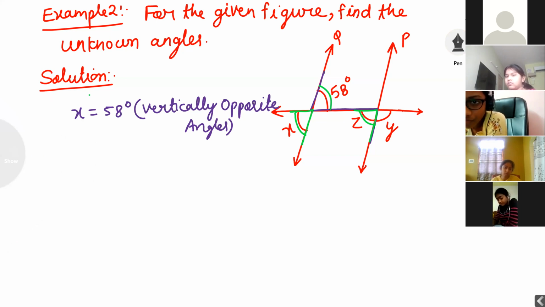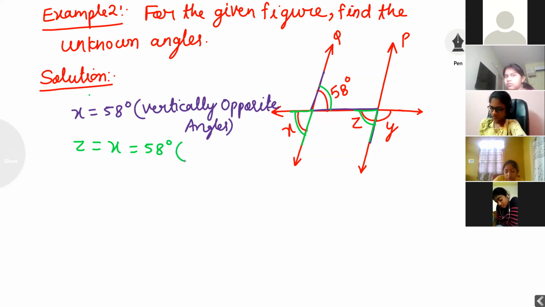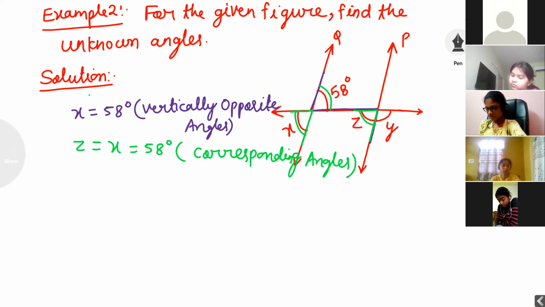I can write here z is equal to x is equal to 58 degrees, corresponding angles.